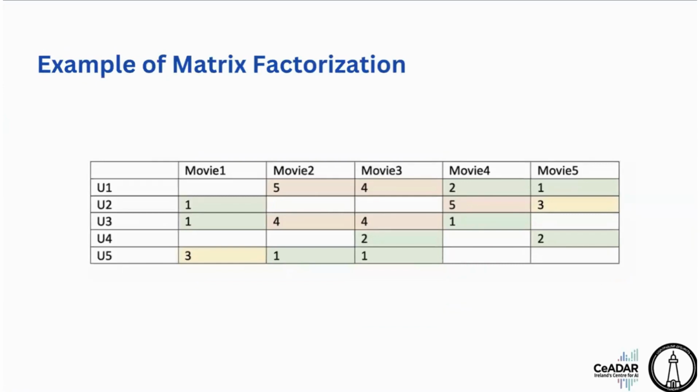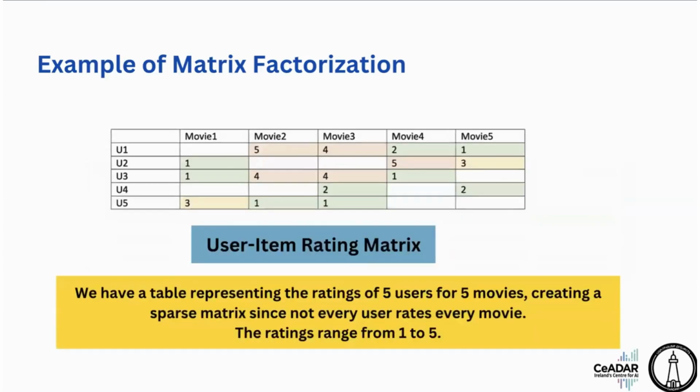Let's take an example of movies: five different movies and five different users, and how each user rates the five movies. That's the basic concept here. We have a table representing the ratings of five users for five movies, and we have created a sparse matrix, since not every user rates every movie, and the ratings range from 1 to 5.